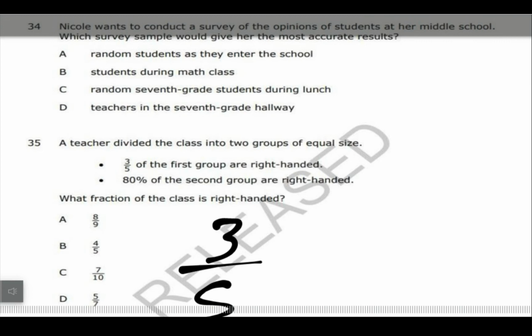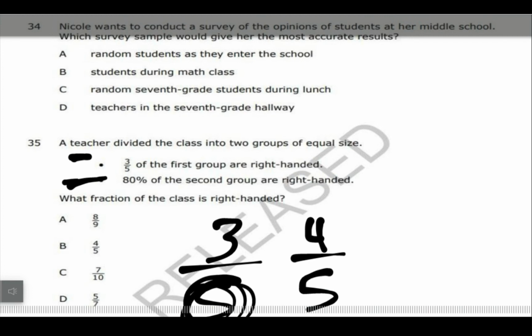And if you think about it, I can make it into fifths here. Like 80%, you probably either want to convert that to a percent or convert that to a fraction. Since I want a common denominator here, I can get 80% out of 5 because 4 out of 5 is 80%.